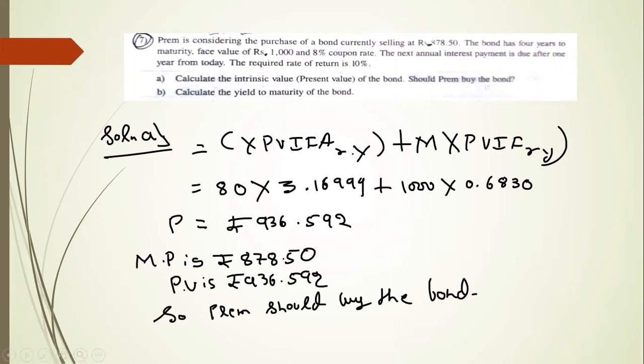Now let's calculate the second question. Calculate the yield to maturity of the bond. So with the same data, he is asking us to calculate yield to maturity. So here we need to take 878.50 as the value. So we'll go with the direct method, the approximate calculation method. That can be easy for us.